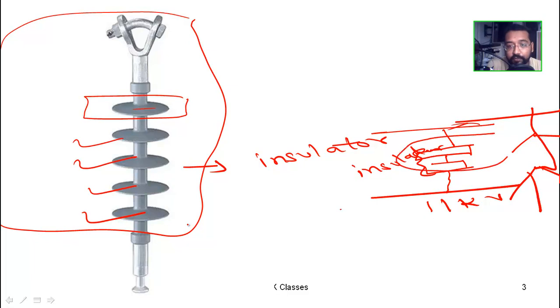Let's take a general example. This is something like insulating yourself from your home electricity. Do you know how you get insulated? At your home, whenever there is a board installed, it is entirely made of plastic.